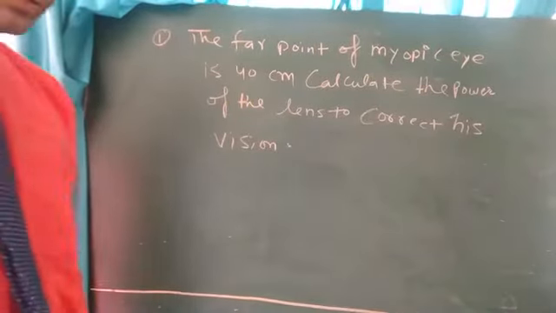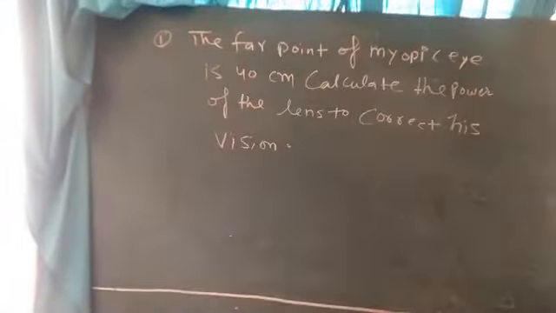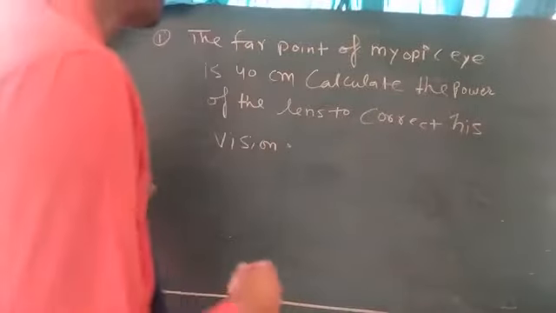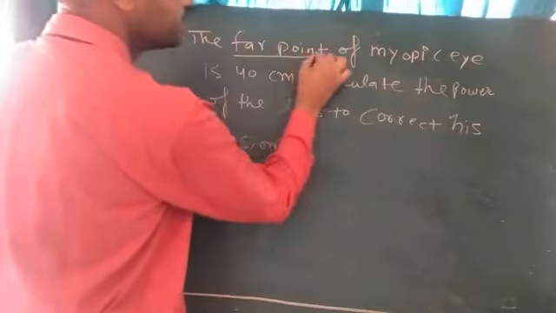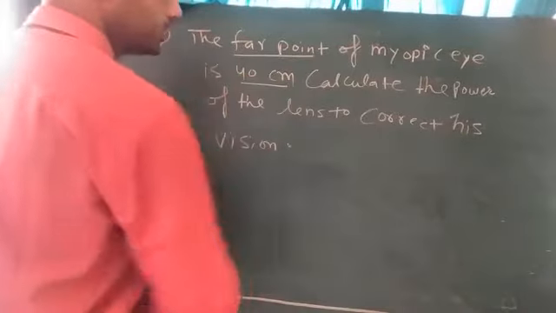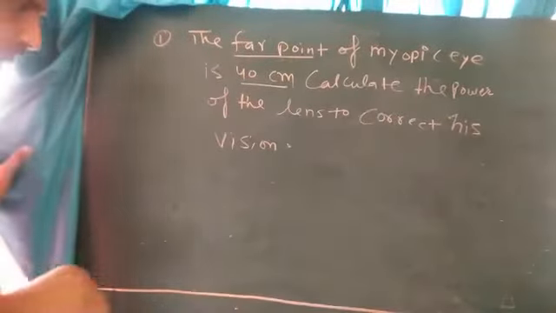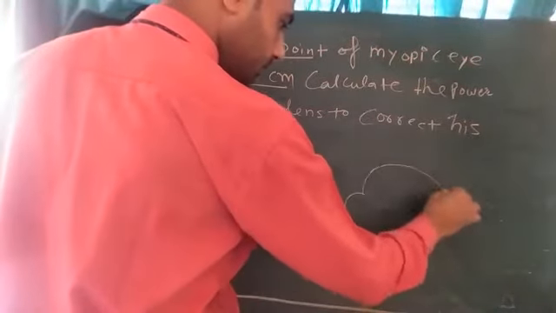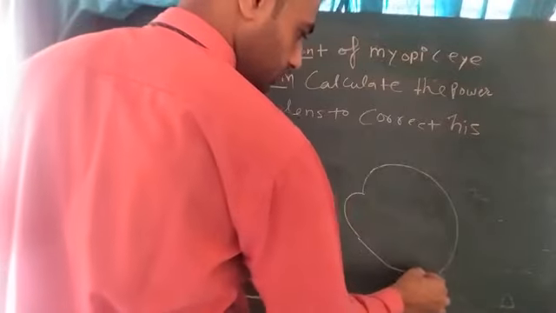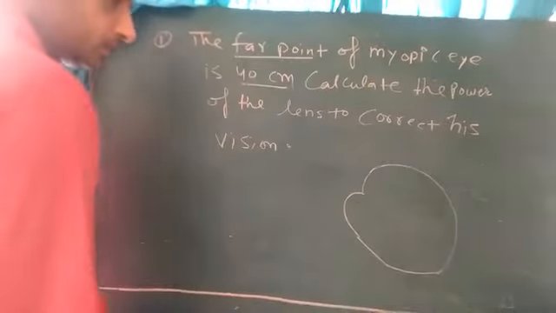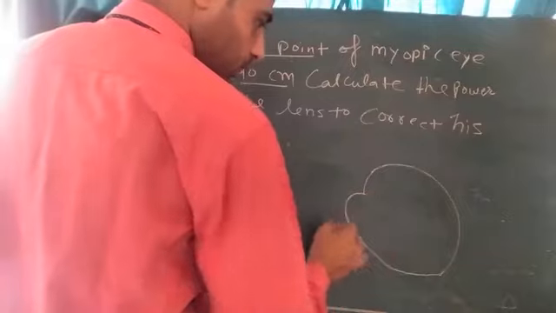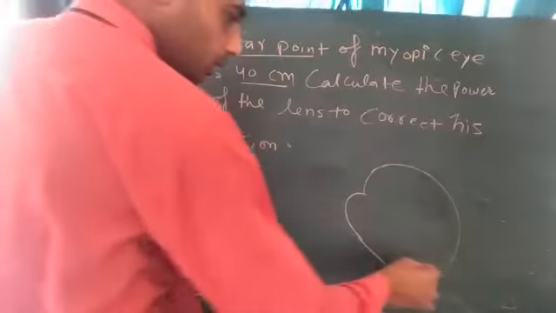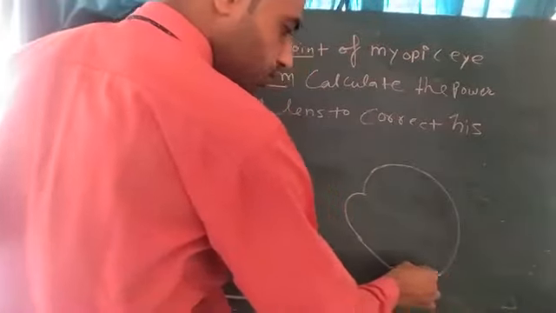You can see clearly. In this question the far point is given, 40 centimeter. Let us understand by diagram, so this is the diagram of the eye. As you know, the eyeball is assumed to be spherical.